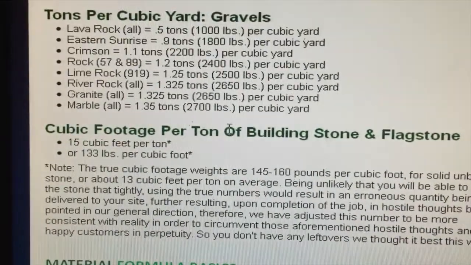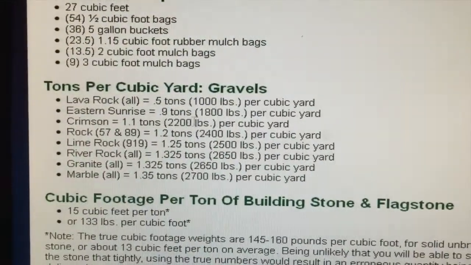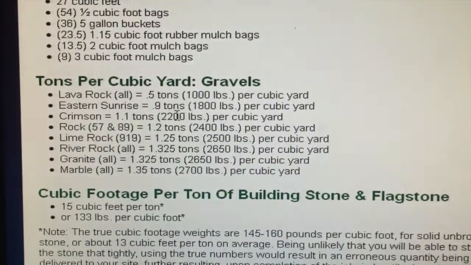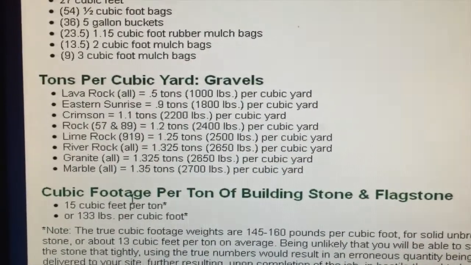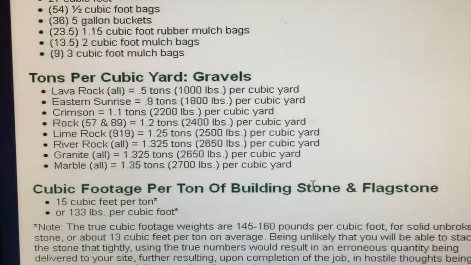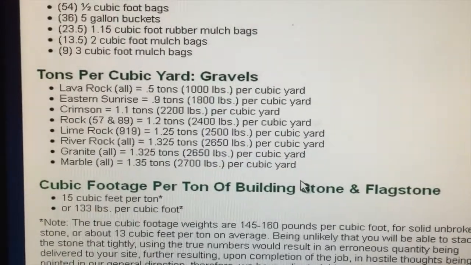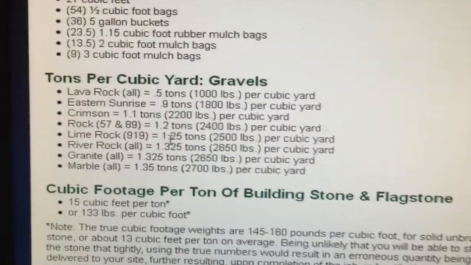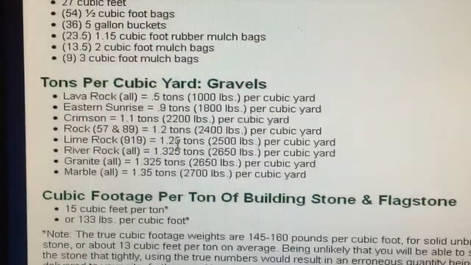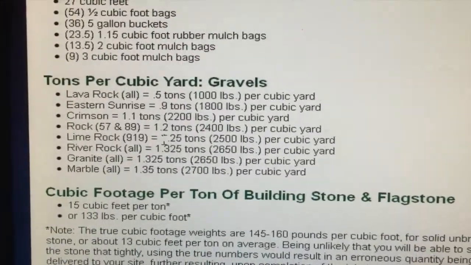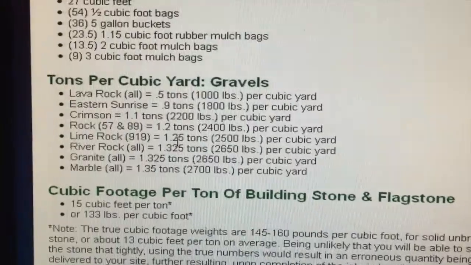And then it does the tons per cubic yard for gravels, and cubic footage per ton of building stone and flagstone. When you get to tons, that's a little bit of a hard part, because trying to get that over into cubic yards is a little hard.